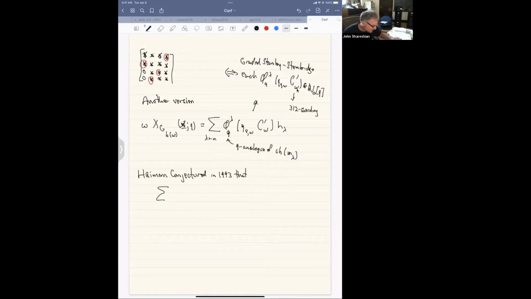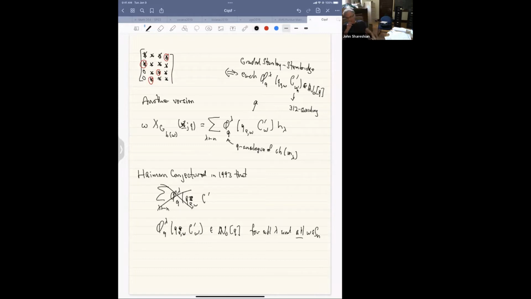Haiman conjectured that this thing here that we're interested in is non-negative for all lambda and all W in Sn.